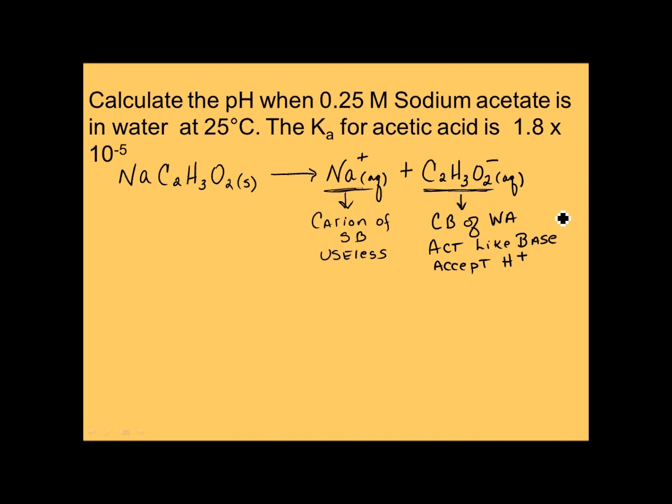You have a secondary reaction going on here between that conjugate base and the water it's floating around in. Water's more than happy to donate. You get an equilibrium reaction where the acetate acts like a base and forms the hydroxide ion.